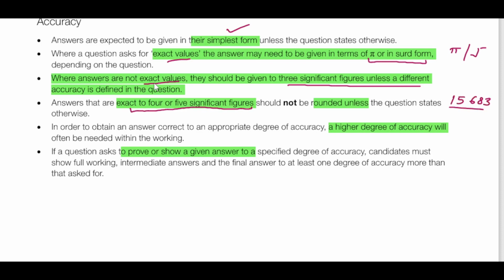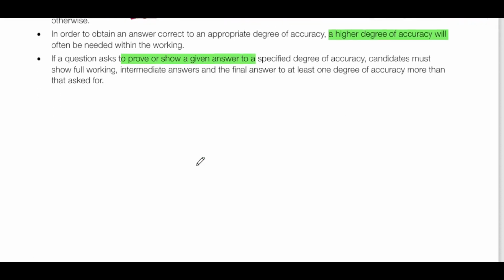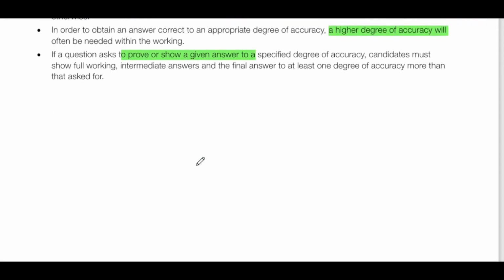Don't round it unless you are told to round the answer. In order to obtain the answer correct to the degree of accuracy, a higher degree of accuracy will be needed. If a question asks to prove or show a given answer to a specified degree, the candidate must show full working, intermediate answers and the final answer to at least 1 degree of accuracy, right.